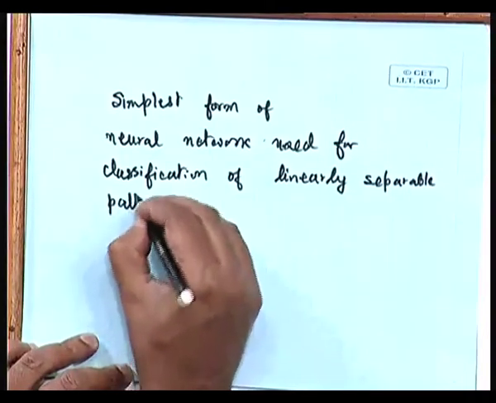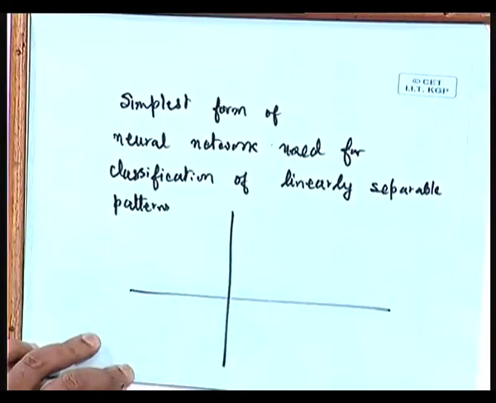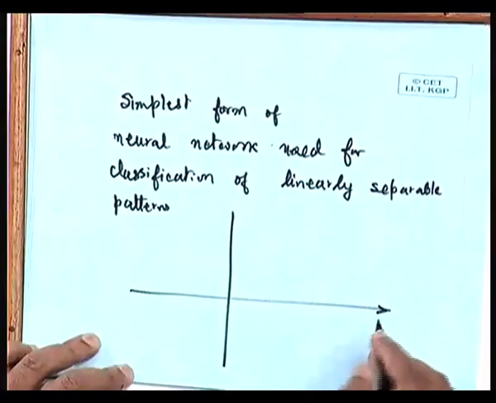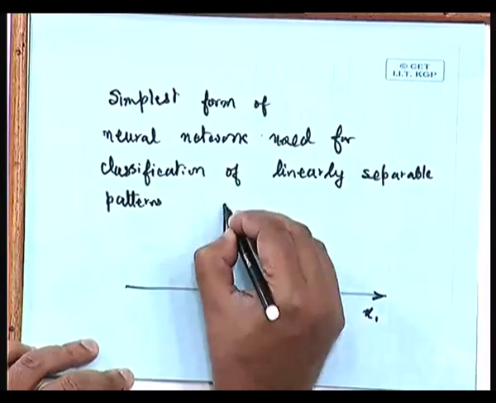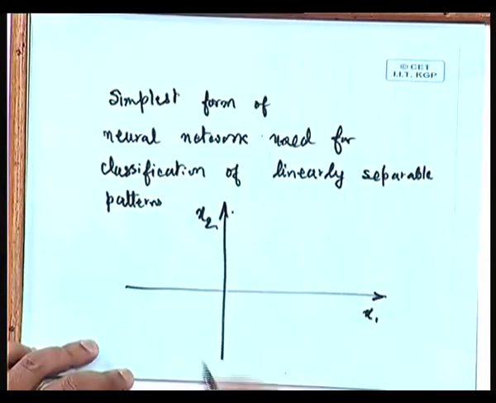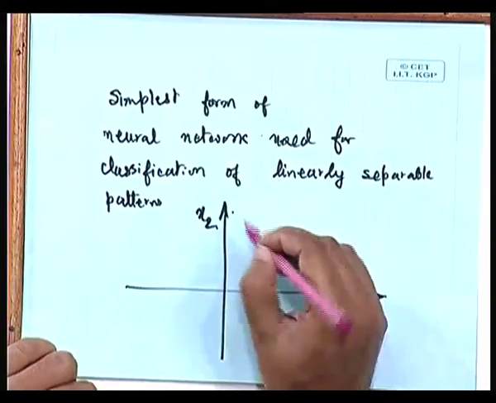That means to say that let us consider a two-dimensional space. Again, our most simplified example, supposing we have the space as x1 and x2, a two input perceptron let us say, and we have got a set of patterns.